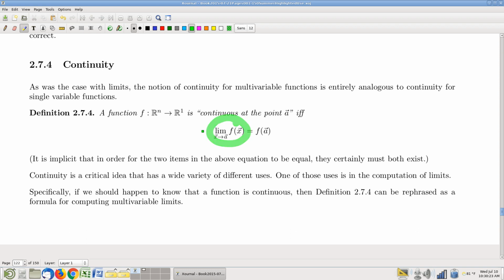The limit has to exist. The value of the function at A furthermore has to exist. That's independent of the limit existing. Right? Limits specifically don't make reference to what the function's actually doing at that point. So that's a second requirement. And then the third requirement is that they have to equal each other. So continuity is a strong condition.